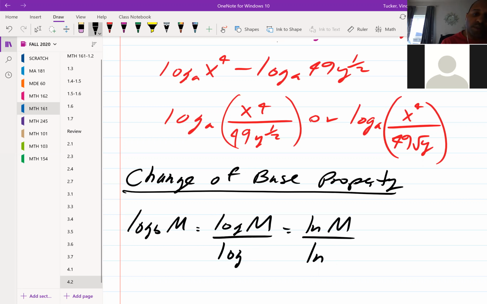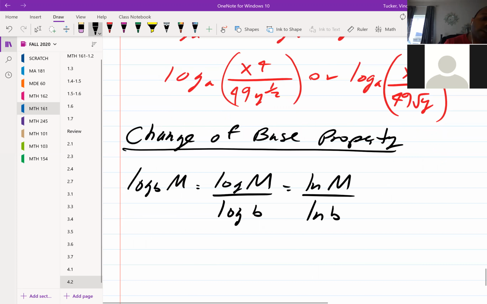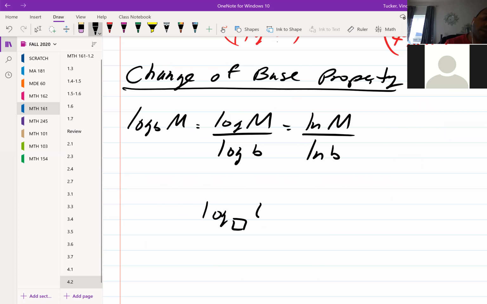This should be a B. Right. Okay, so you change your base property. So if you have a calculator that has this option where you can put any base down here, then you don't really need to change your base property. But some calculators only have the common log and the natural log in it. And so you would need to change your base property if your base is something other than 10 or e.